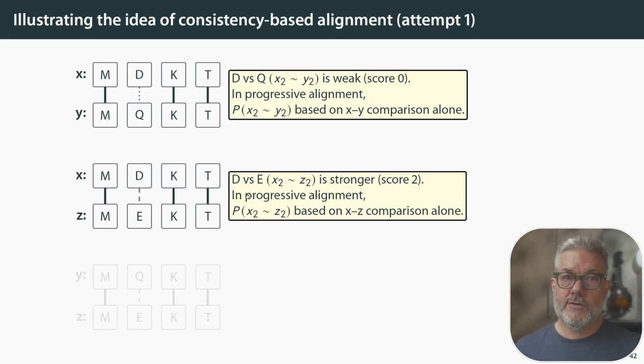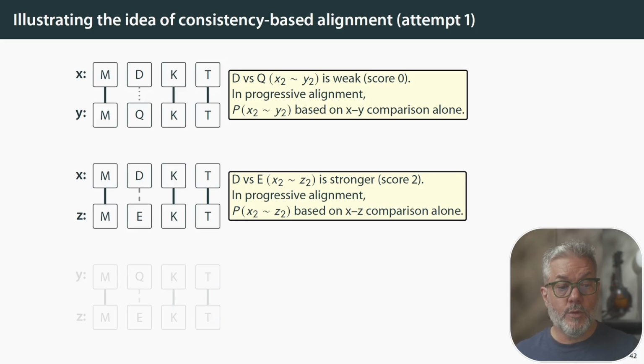If we turn that into probabilities, the probability that X sub 2 is aligned with Z sub 2 given X and Z is based on XZ comparison alone, but this position is going to contribute more to it because the score is higher. All of this would happen in progressive alignment when we're constructing the guide tree.